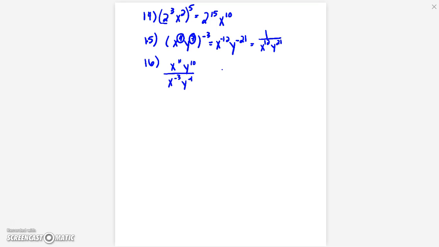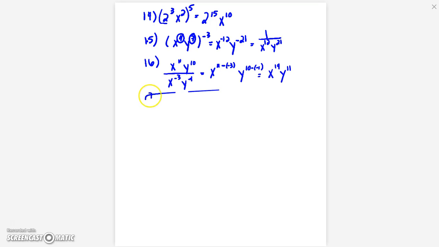All right, so we just take it one at a time. x to the 11th minus a negative 3, and y to the 10th minus a negative 1 equals x to the 14 positive, y to the 11 positive. Right? Because when you subtract a negative, it becomes adding it. It doesn't necessarily become a positive.